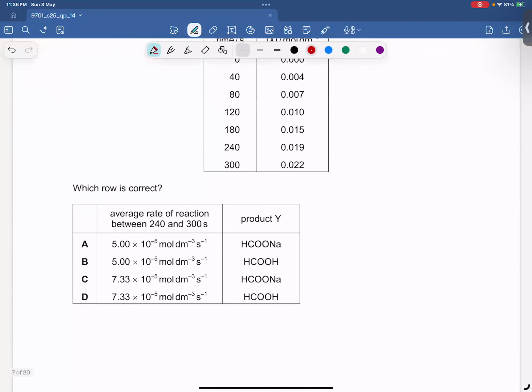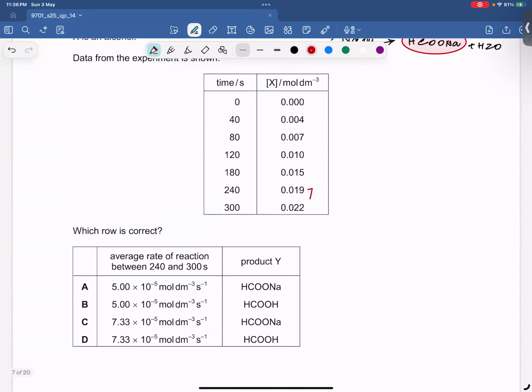Which row is correct? Average rate of reaction between 240 and 300. So get the change in concentration from these two values. 0.022 minus 0.019. 3 into 10 to the power minus 3 mole per dm3. So that's a change in concentration, guys. Okay.